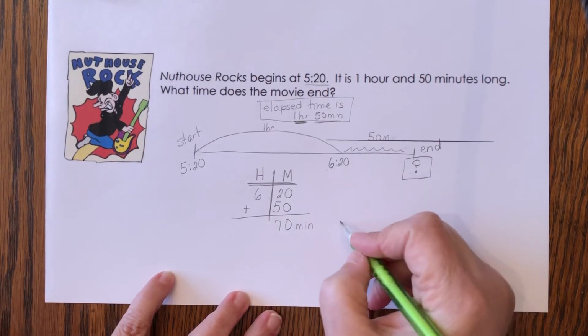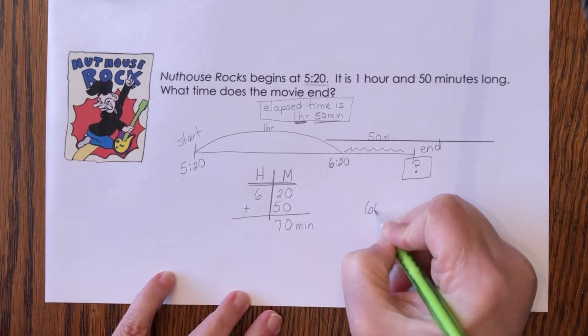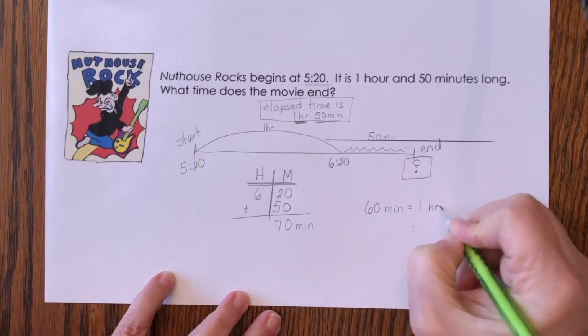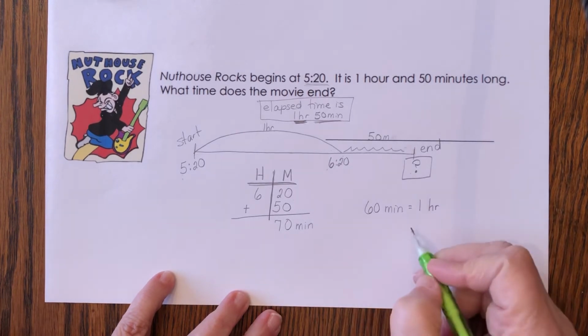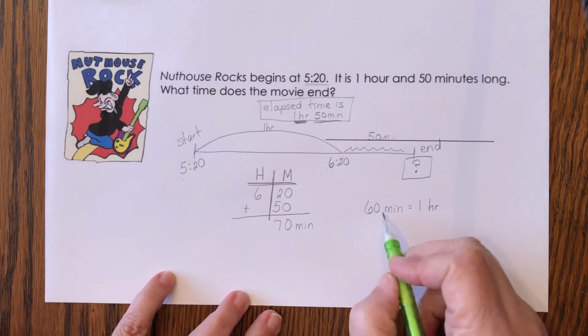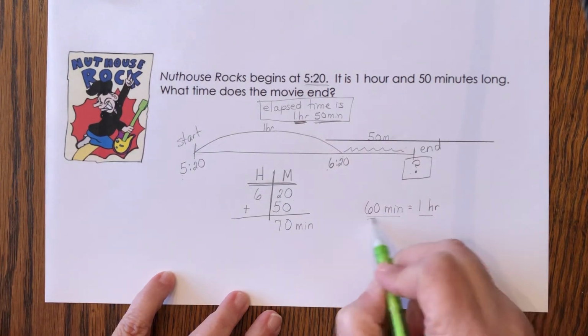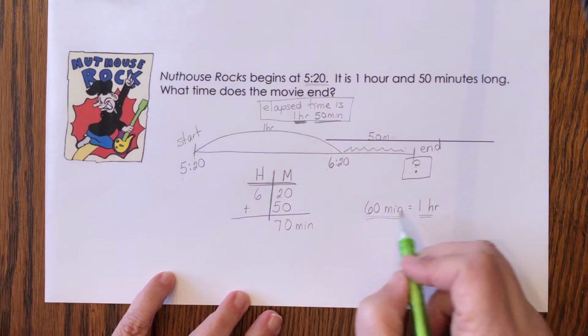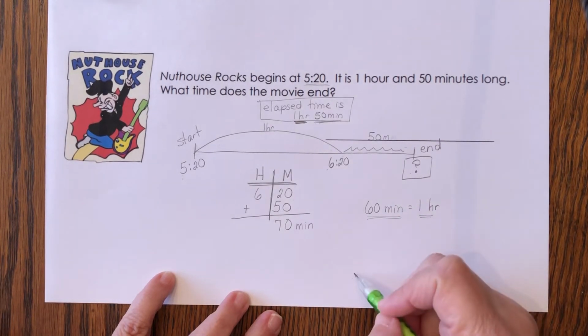Okay? We know that there are 60 minutes in 1 hour. Now this is the third slide we've done, and it's the third time we've had to look at 60 minutes equals an hour. That's going to be an important relationship that you need to know for all of these.